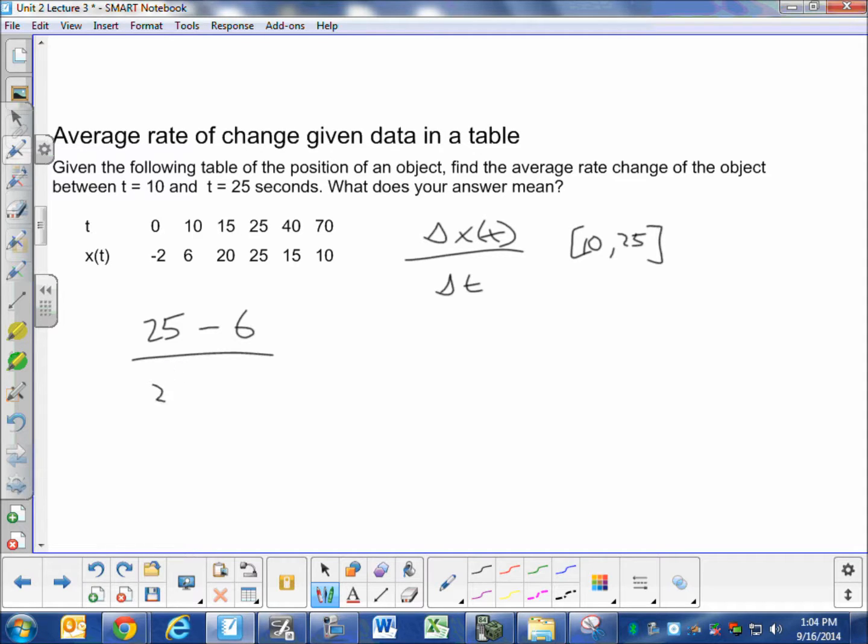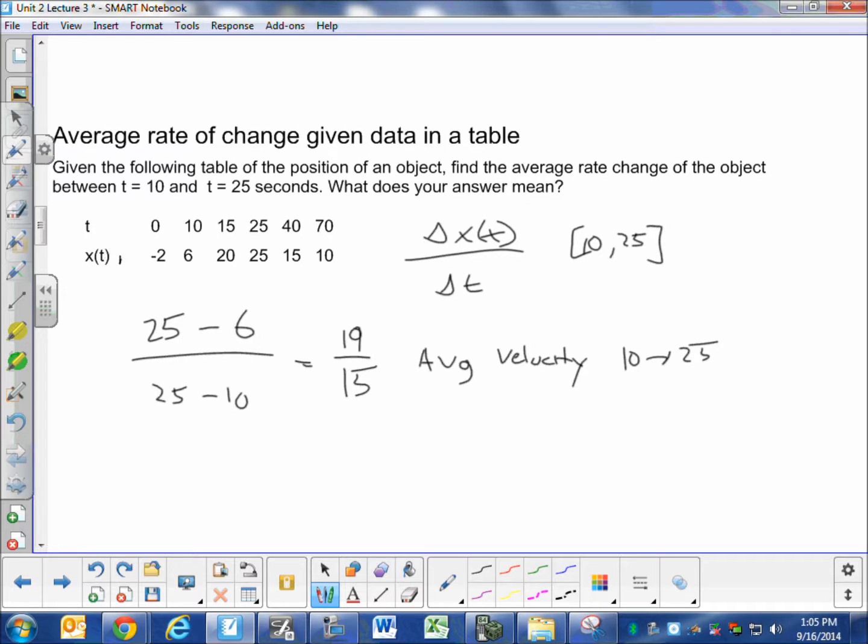Change in time is 25 minus 10. We get 19 over 15. But what is the average rate of change of position? What does this answer 19 over 15 mean? Velocity. In particular, it's my average velocity between 10 and 25 seconds.